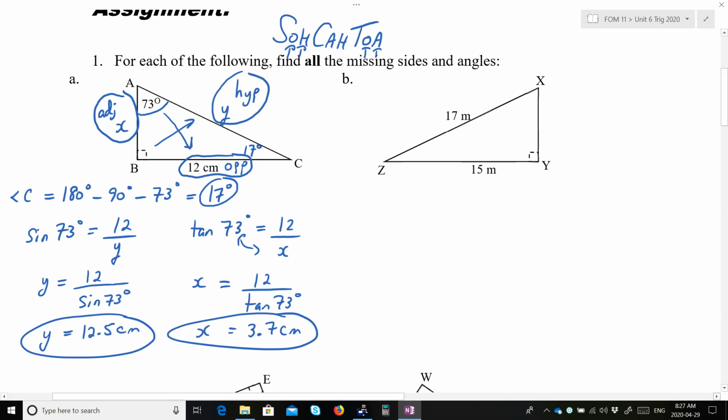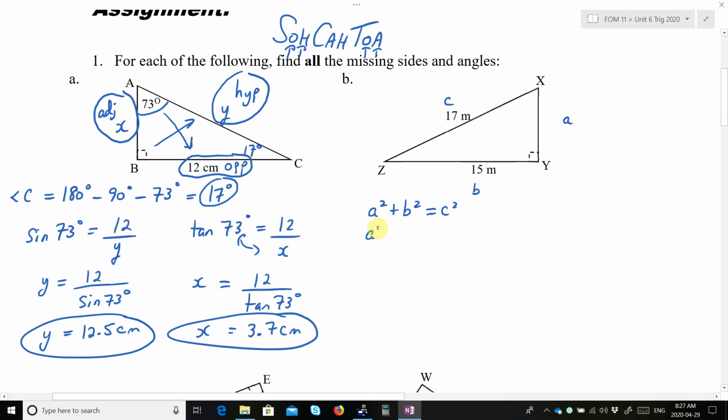Okay, let's try letter B. This time we have two sides and only one angle. And remember, across from the 90 degrees we could call that C, and we could call this A and this B, and use Pythagoras to get the missing side. So A squared plus B squared equals C squared.